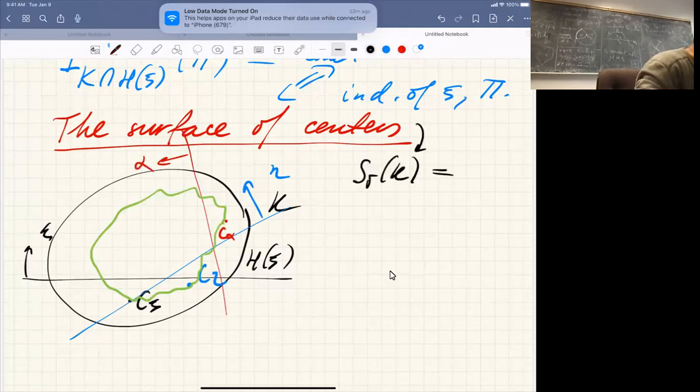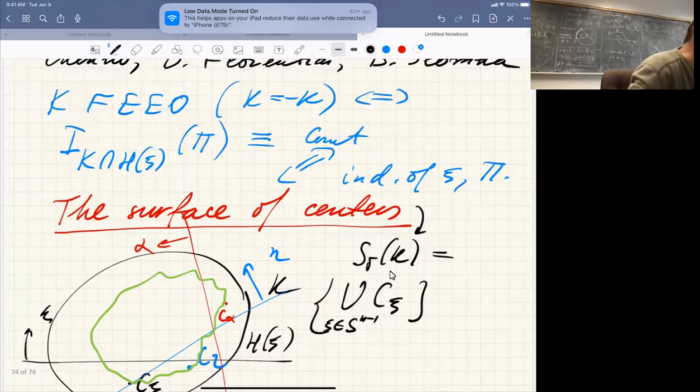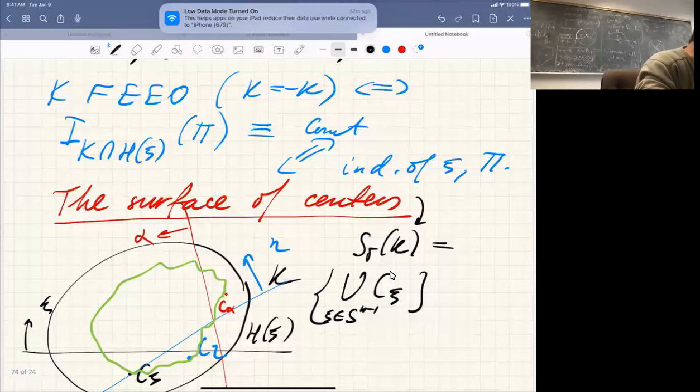This is going to be exactly the union of this point 6i when psi belongs to the unit sphere. So we just take all of the centers of mass of all underwater parts. It turns out that the condition of floating in equilibrium, I could add here one more if and only if.